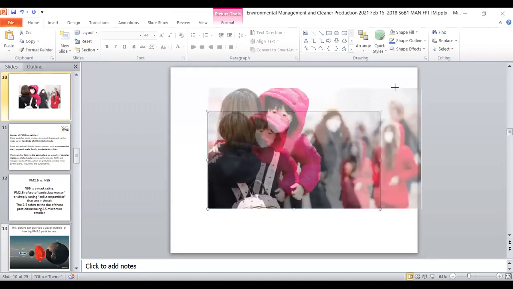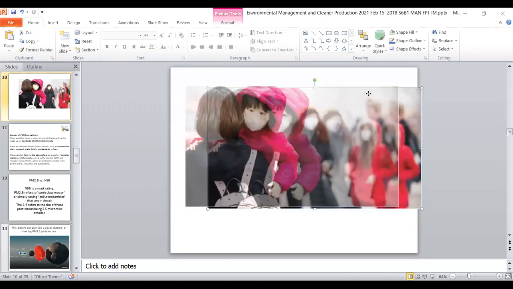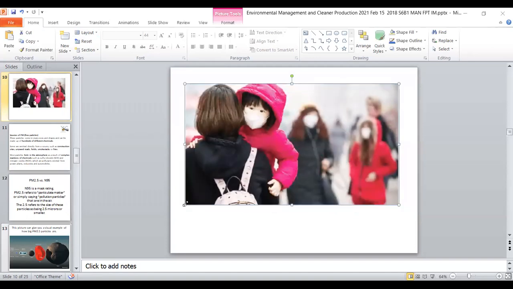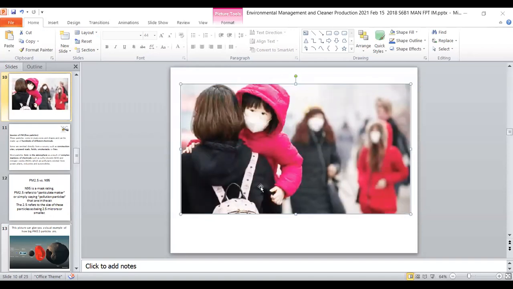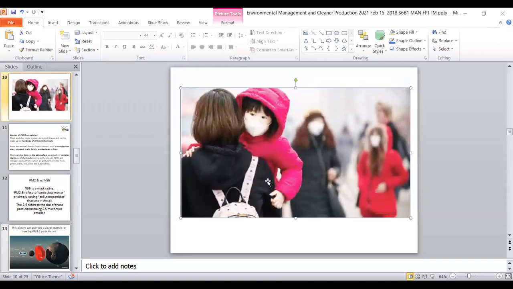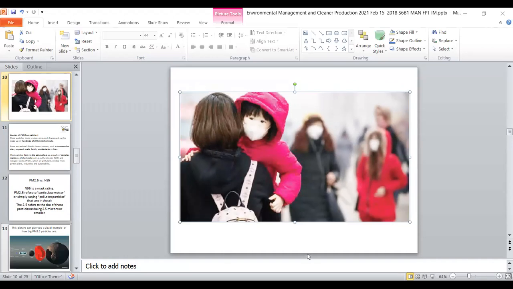This is not a new photo, because later I will show you this article. This is from a 2017 article, so this is well before Corona time. For us wearing a mask is new, but for some cities, those who are concerned about their health, wearing a mask became a norm.